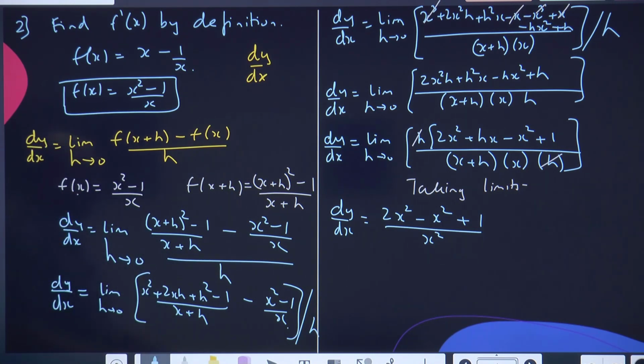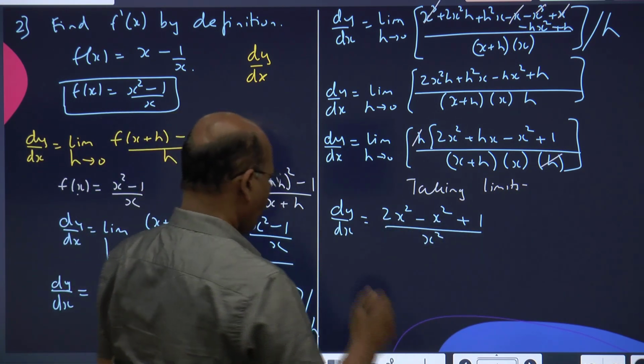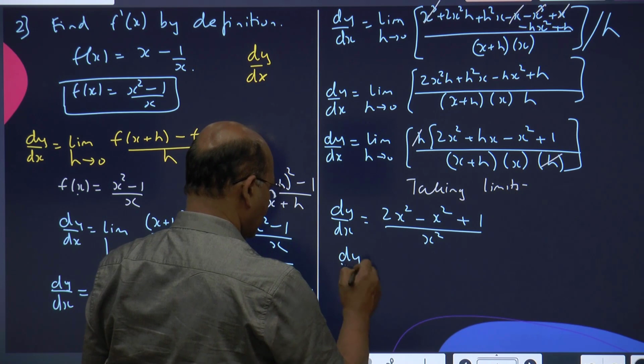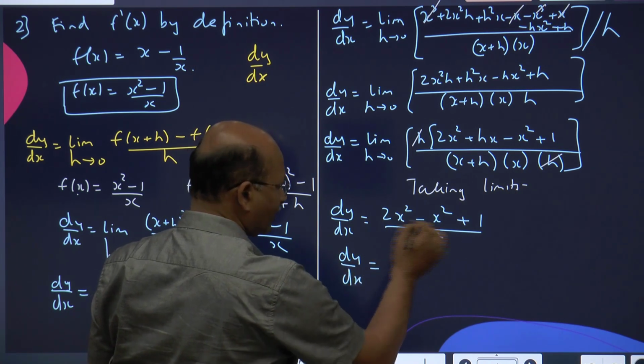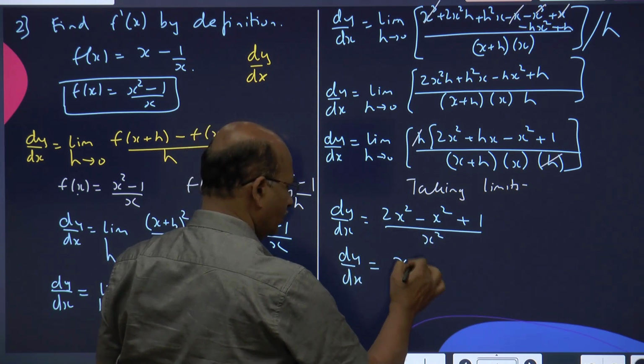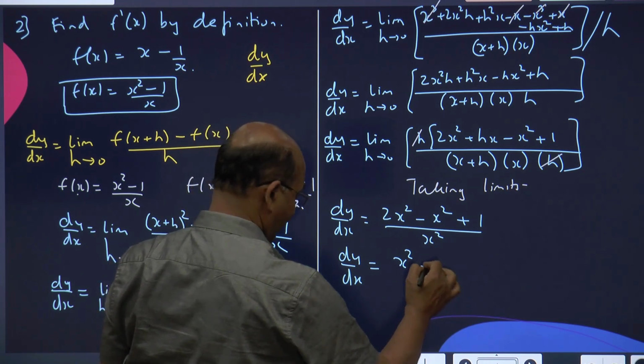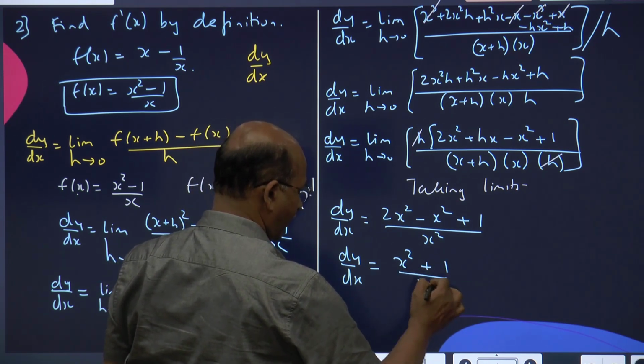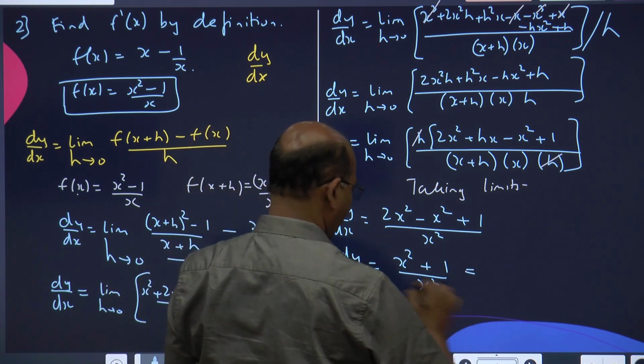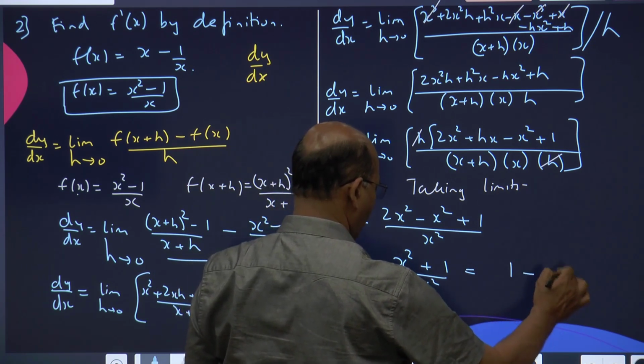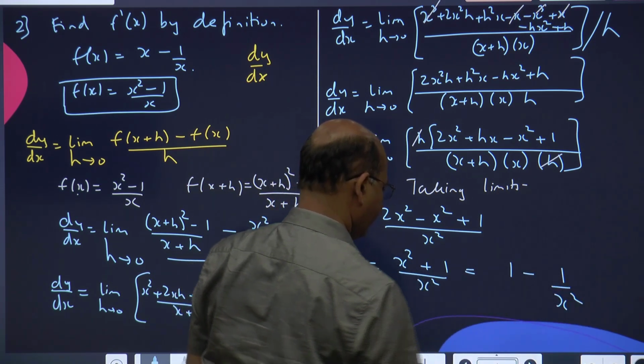Okay, I am done with this now. No, I think it's right. So dy by dx will be 2x square minus x square is x square plus 1 upon x square. Great. So this is nothing but 1 plus 1 upon x square.